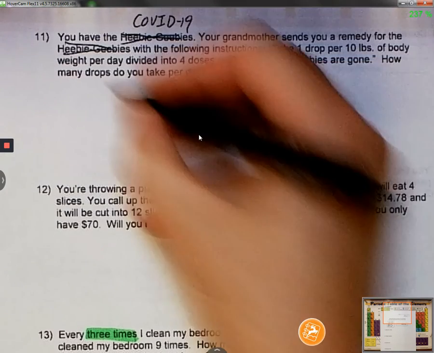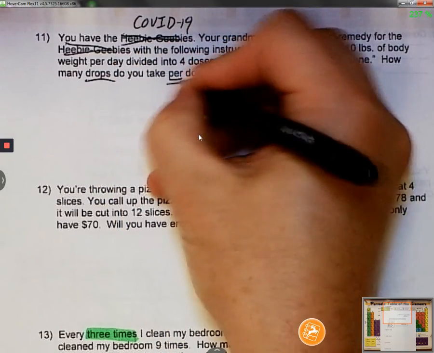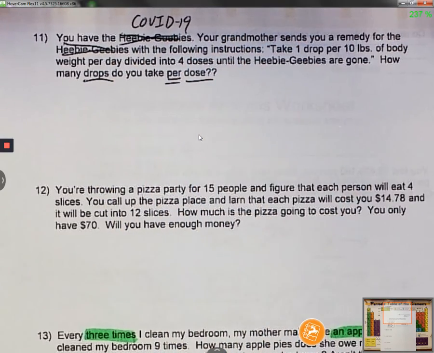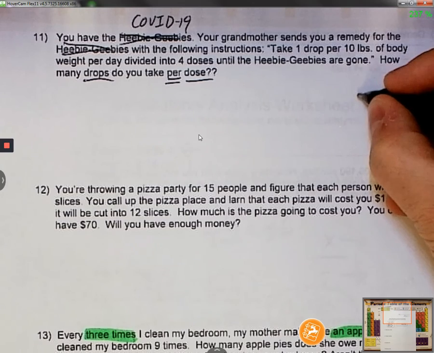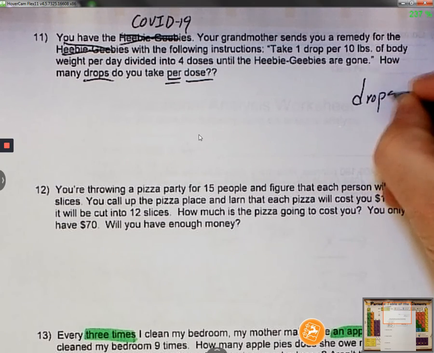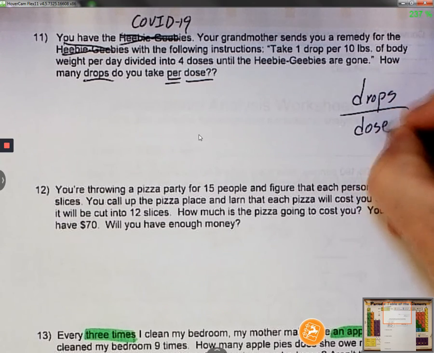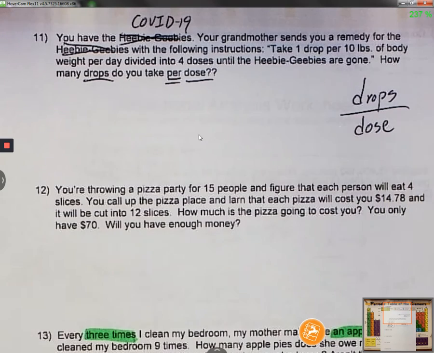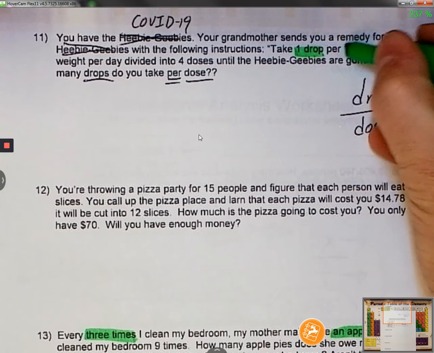So we are looking for drops per dose. So when I'm done with this one, my units at the end should be drops over dose. Okay? Now let's go find some factors here. What are some conversion factors they give me in the problem? 1 drop per... Okay, 1 drop for every 10 pounds.